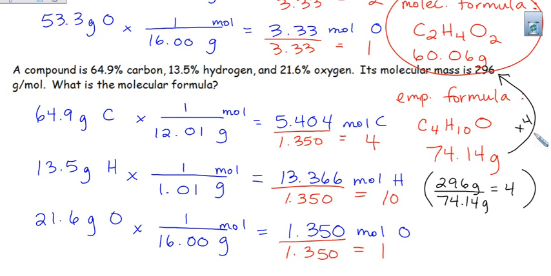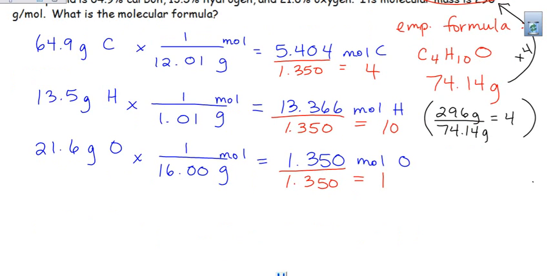So that means my molecular formula just needs to be 4 times as large. This one's going to be kind of a big one. My molecular formula then would be C16, good Lord, H40, O4.